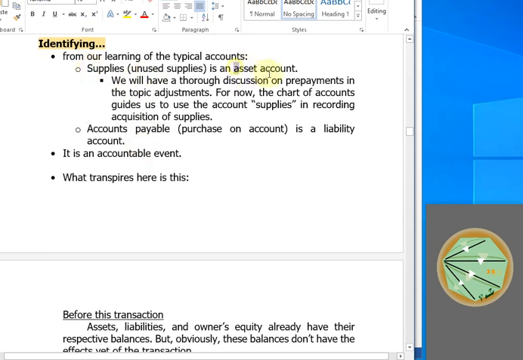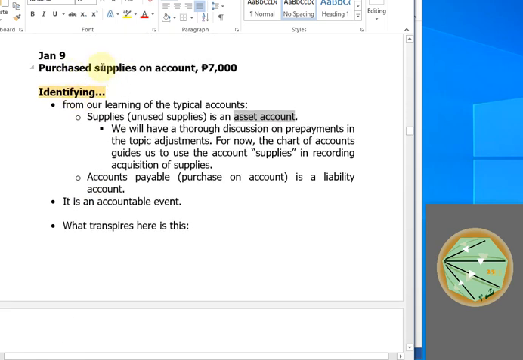So again, supplies, an asset account, increased because we increase our supplies by purchasing supplies, and accounts payable, a liability, also increased because obviously now we assume another 7,000 liability because of this purchase on account, which is to be paid sometime later.